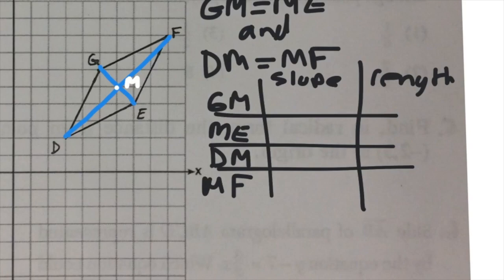I don't need their slopes, but their slopes will help me figure out their lengths. So from G to M, it's down 1 over 1. So the length would be the square root of 1 squared plus 1 squared, which would be the square root of 2.